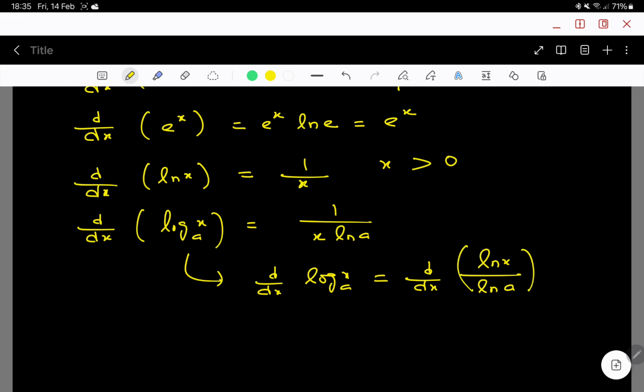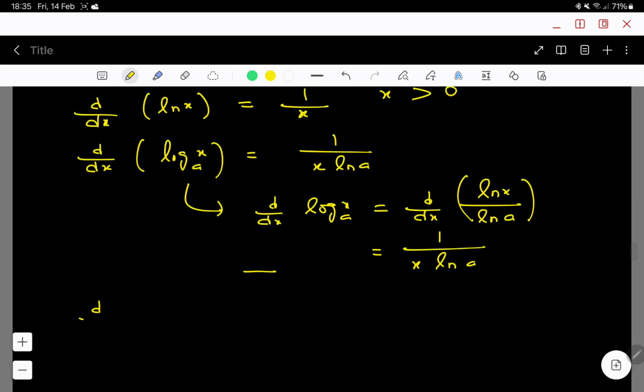We change it to natural logarithm by change of base rule. So d by dx of ln x is 1 by x. So we get 1 by x into ln a. Okay, so d by dx of ln x is 1 by x only, but d by dx of log x base a is 1 by x ln a. Okay.